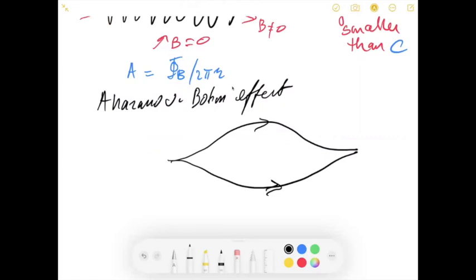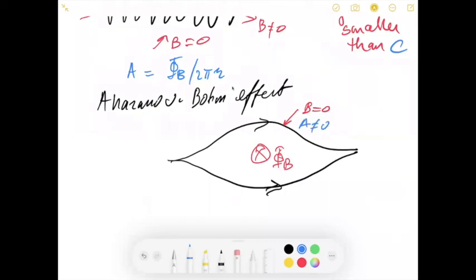And you make them choose 2 different paths. And we have some magnetic flux here, but we make sure that that flux is confined to a region such that along the path where these particles are moving, the magnetic field is 0. So we're going to make sure that B absolutely is 0, but A is most definitely not 0.